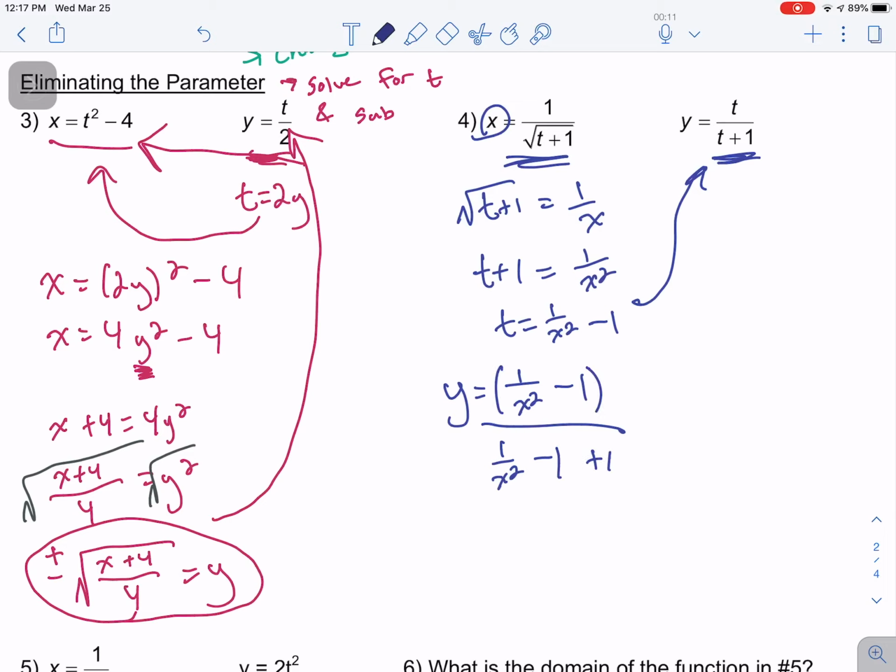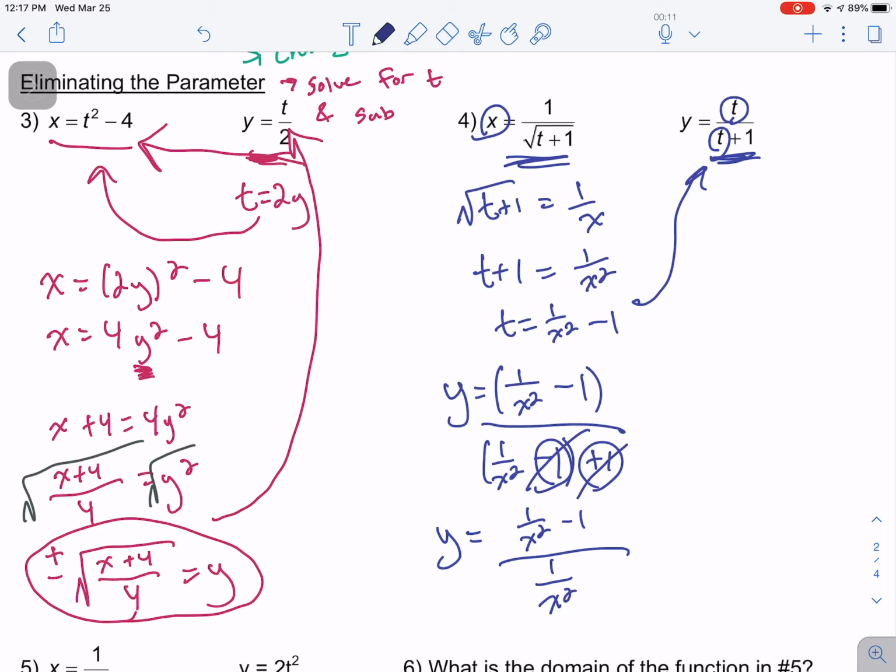So as you can see here, these parentheses are just plugged in for these t's. I'm doing a little bit of simplification here, not much, but it's going to be 1 over x squared minus 1 all over, well, these are going to cancel out, 1 over x squared.